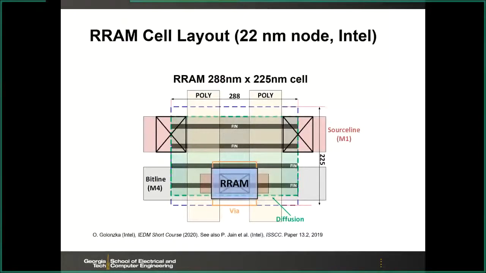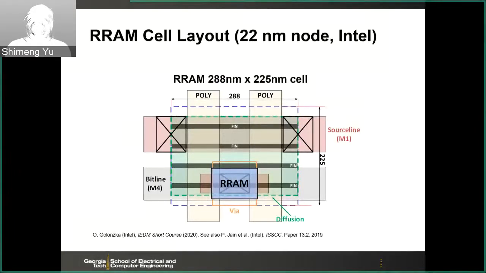Also, here we have a layout for this Intel RRAM design. You will see that it has multiple fins to drive the RRAM for the write operation. It's like a 4-fin process here, and then the RRAM is integrated here. You have the source line, bit line, and then the gate is this dummy poly.